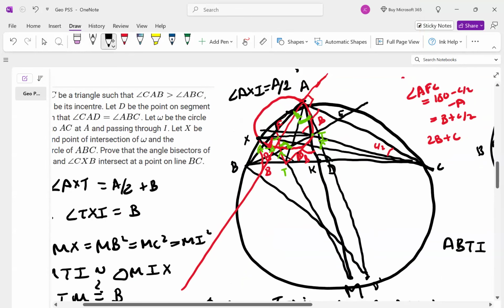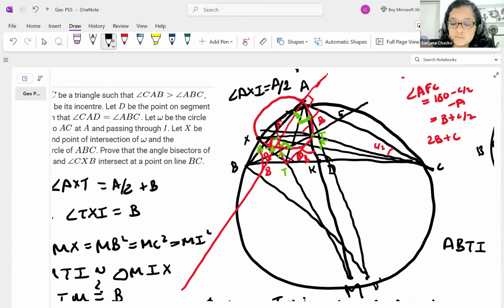Sorry, I'm confused. Okay, yeah, it works. Sorry, AIC is 90 plus B by 2. So AIF is 90 minus B by 2, then AIT is twice that, so 180 minus B. Correct. Okay, yeah, so I found the sign. Sorry, I'm confused again.